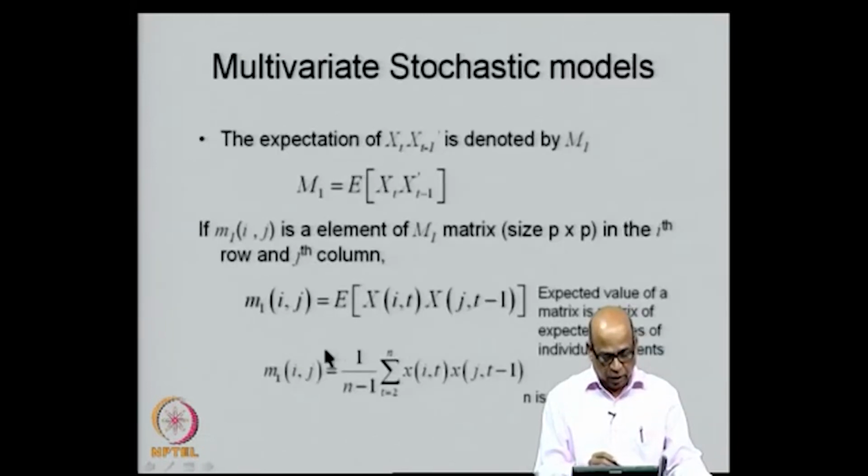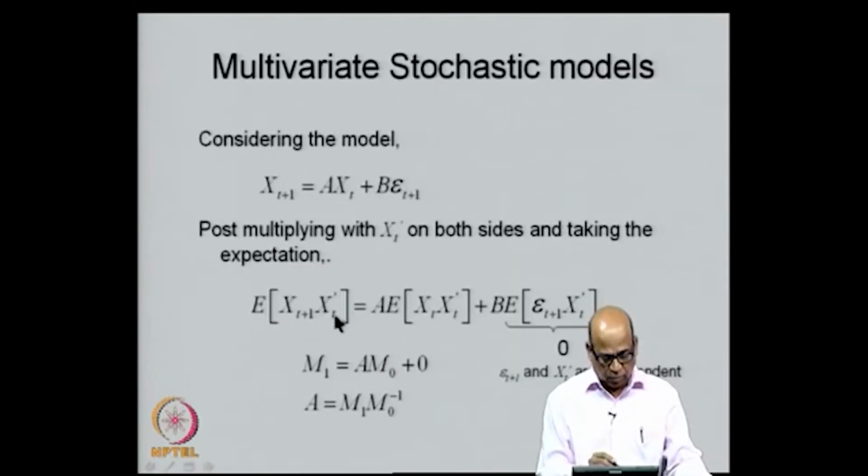We have defined M 1 as the expected value of x t x t minus 1 prime, and therefore I can also write this as the expected value of x t plus 1 x t prime, just lagged by one time step. So x t plus 1 x t prime, the expected value of that will be written as M 1, and this is A and this is M naught, and this becomes 0. So I will be able to write M 1 is equal to A M naught, and therefore I should be able to get A as M 1 M naught inverse.